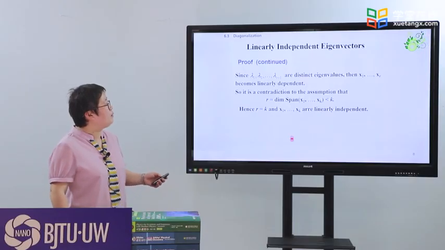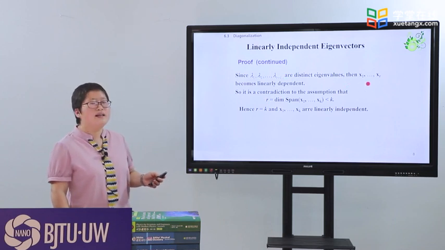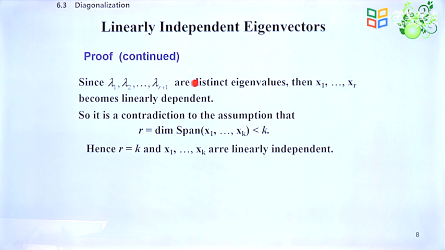Because lambda 1, lambda 2 till lambda r plus 1 are distinct eigenvalues, then x1 till xr become linearly dependent. So it is a contradiction to the assumption that r, the dimension of the span of x1 till xk, is smaller than k. Hence r equals k and x1 till xk are linearly independent. So we prove this by contradiction.